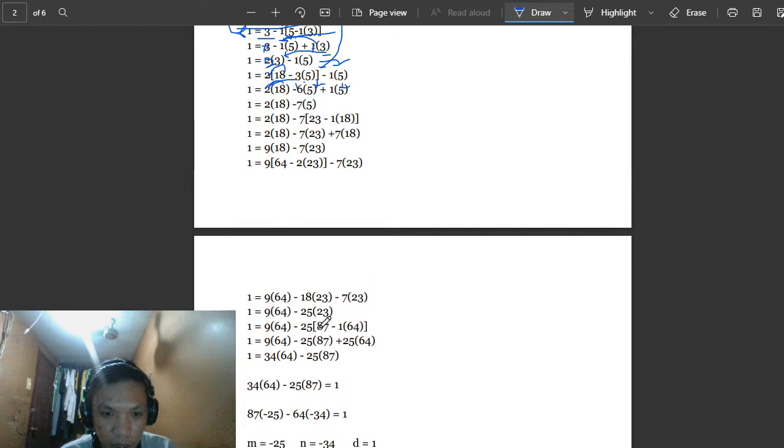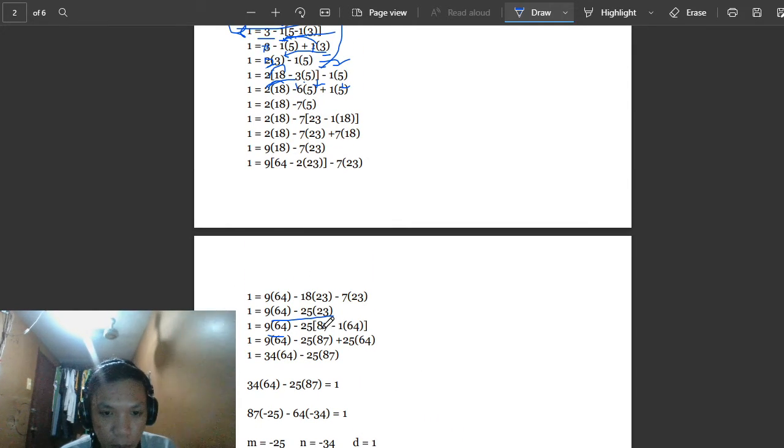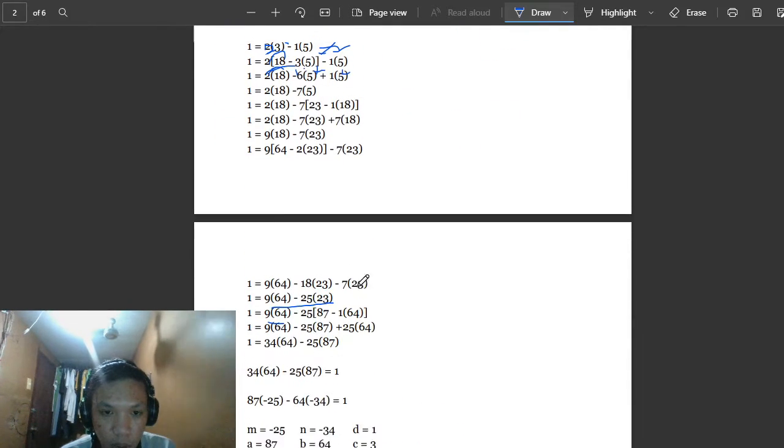Here we arrive at 64 minus 25 times 23. So 9 times 64 minus 25, then bring down 87 minus 1 times 64.